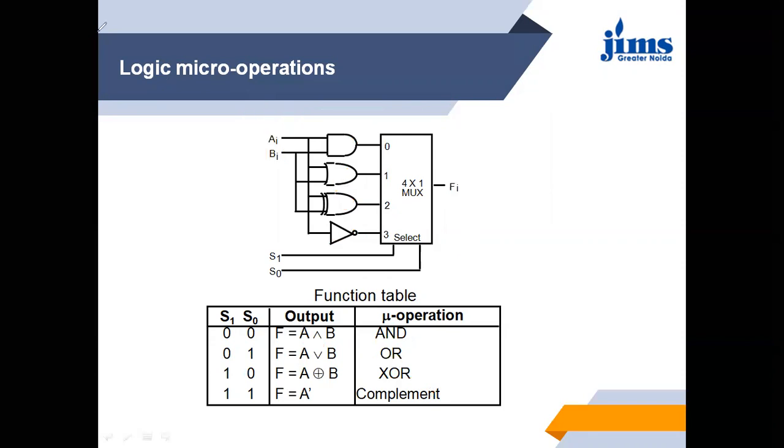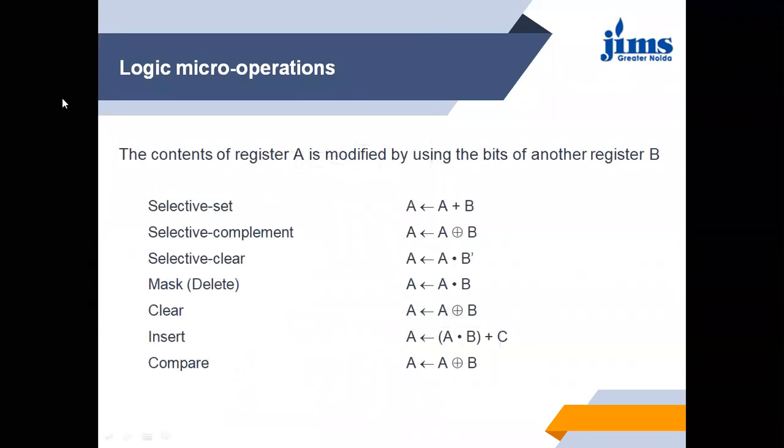This was about the logic micro operations. Now we will see in detail how these logic operations are performed. We will discuss selective set, selective complement, selective clear, then masking, then clear.